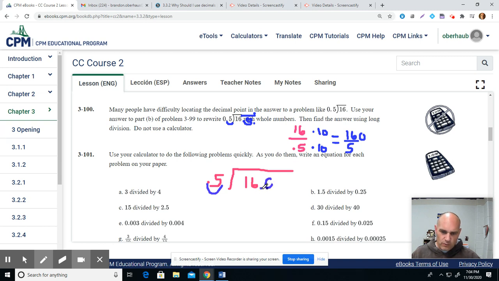So we slide it over to the right. So now this problem really becomes 160 divided by 5, which is what we had here. And remember why we're doing this. We're really multiplying both of these by 10. Okay, this is the huge piece of this problem.